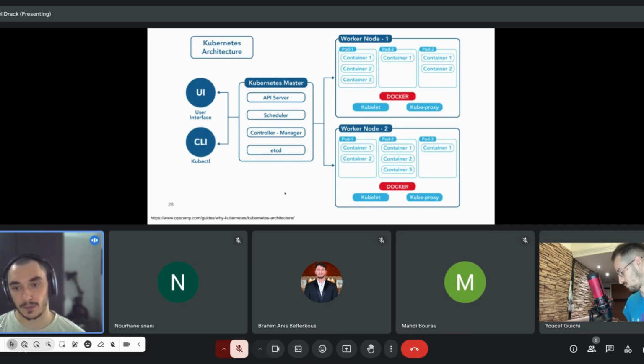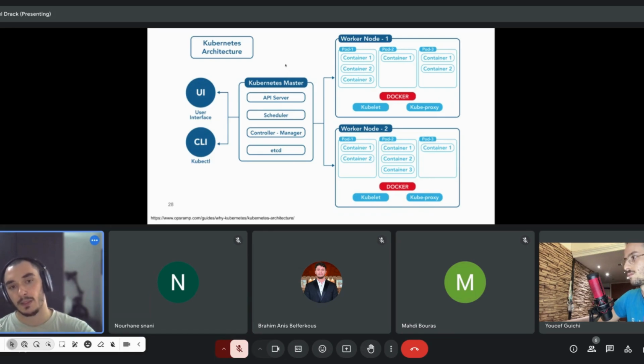Kubernetes looks something like this from a high-level technical perspective. On the left-hand side, we have a user interface or a command line tool called kubectl. Again, pretty similar to Docker. This is the client side. Everything a user does at the end of the day always lands at an API server.